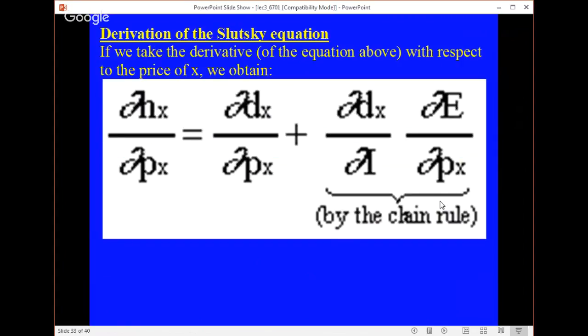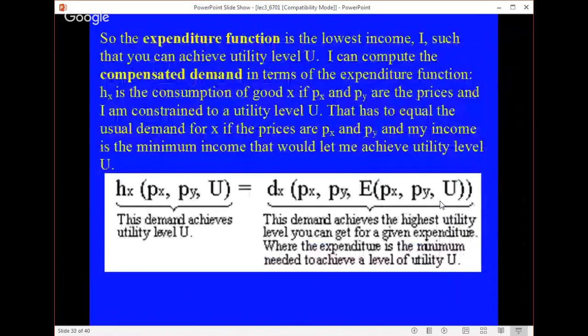So, having done that, I can go ahead and take the partials of h of x with respect to px, and that's going to give me the partial of x with respect to px, plus I have an indirect effect. I have a direct effect, px, but I have an indirect effect where px affects expenditures and expenditures affect my Marshallian demand.